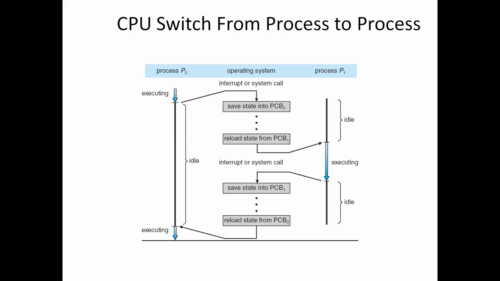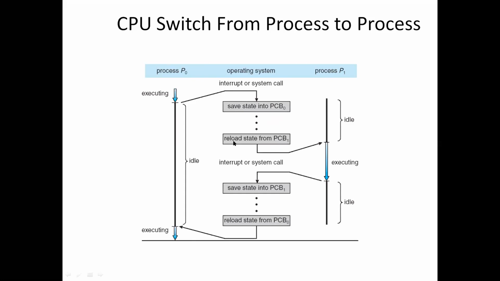If an interrupt occurs, the CPU will switch from process 0 to process 1. Before switching from process 0 to process 1, it saves the state of process 0 into the process control block of process 0. Then it loads the state information from the process control block 1, that is, process P1's process control block.